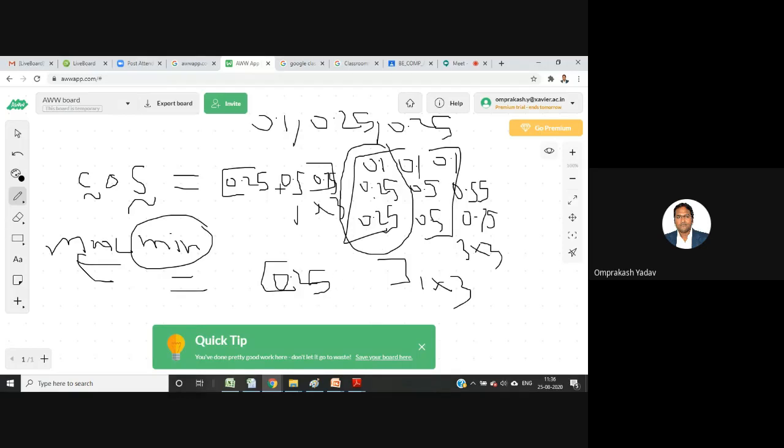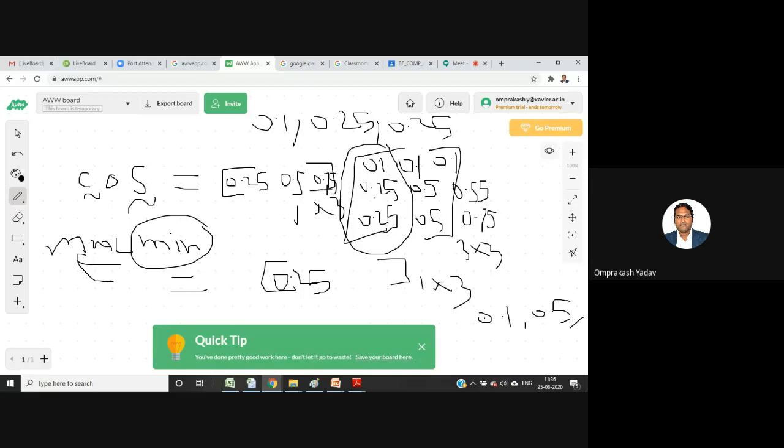Then again, this row will get compared with the next column. So if you see here, 0.25 and 0.1, the minimum is 0.1, so I'm writing 0.1. Then 0.5 and 0.5, so it's 0.5.